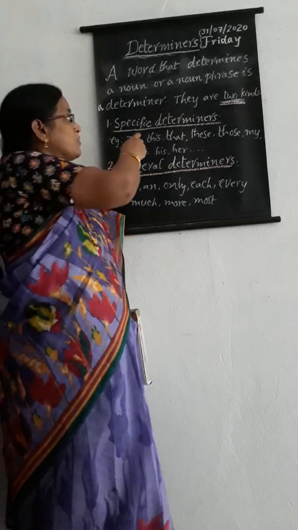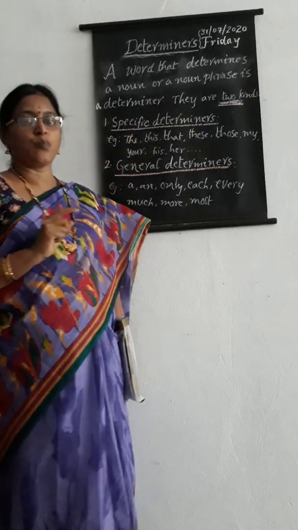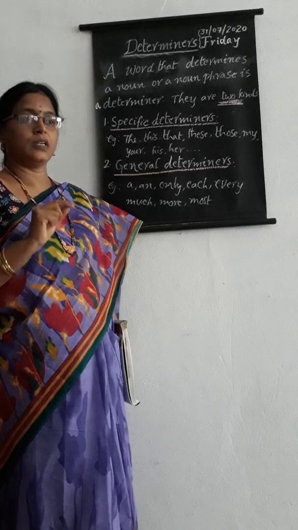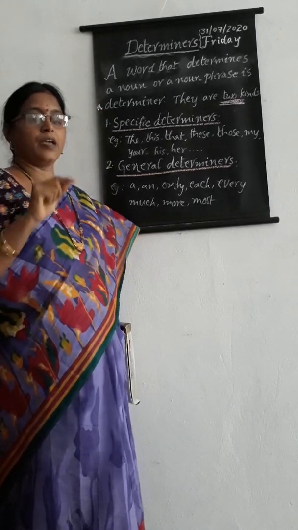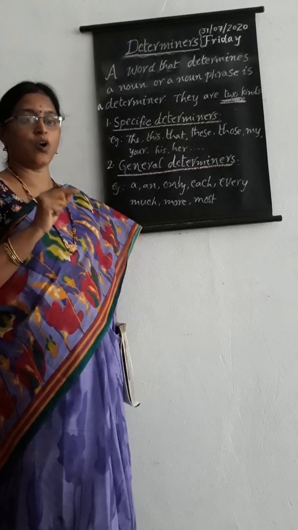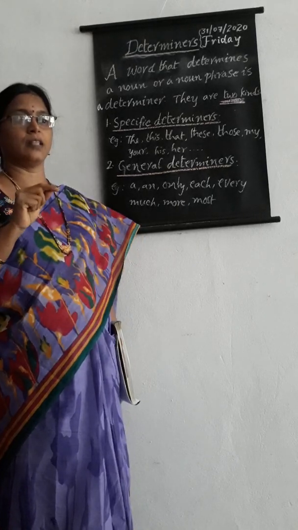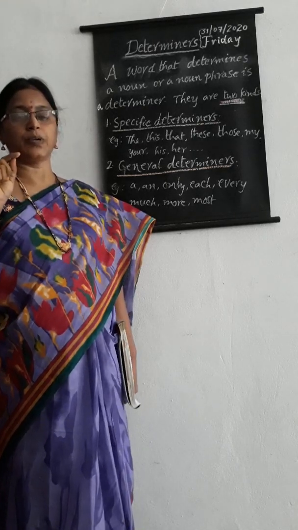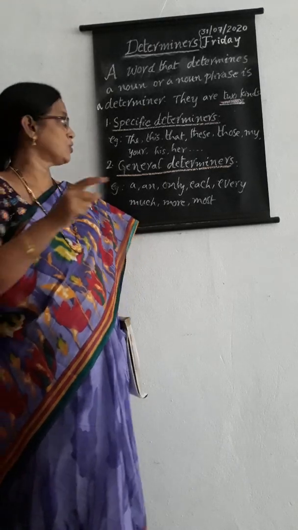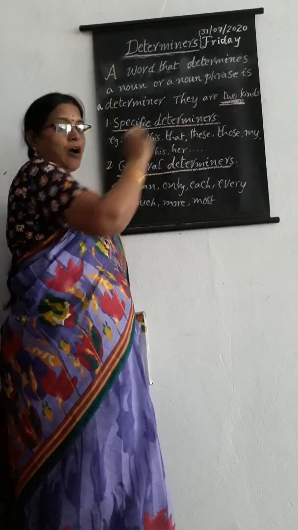We use specific determiners. For example, sometimes we want to speak about a particular boy. The boy is the boy I want to say. The boy is a clever boy in the class. We want to talk about a particular person, then we use 'the'. This is a tall tree.